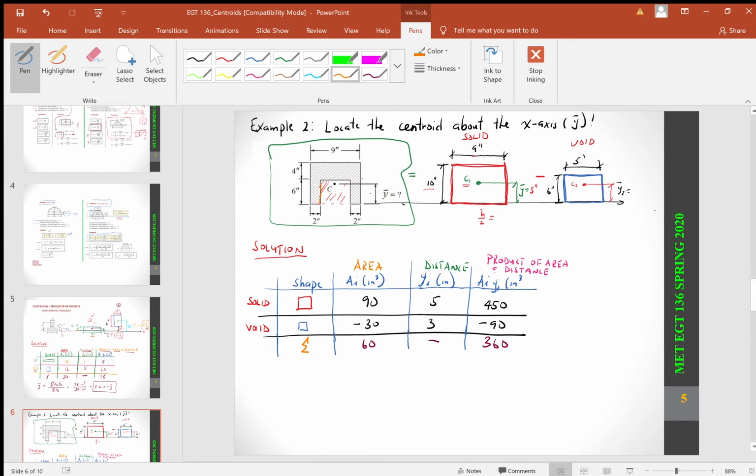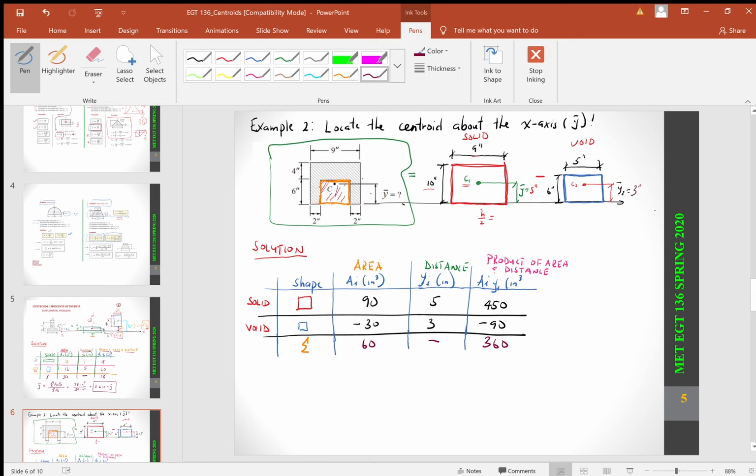Initially, I looked at this whole area. Now I'm looking at the hollow part, and that's 6 by 5, so 6 divided by 2. Since it's a rectangle, it's going to be 3 inches.